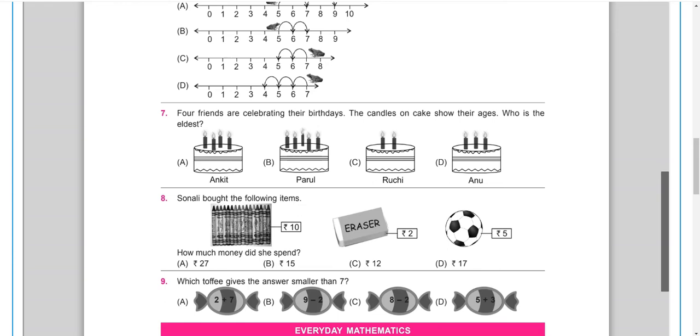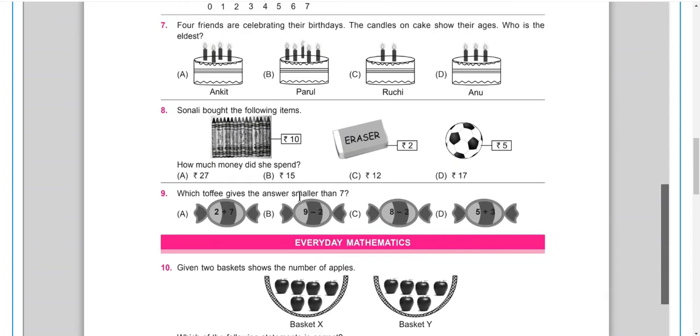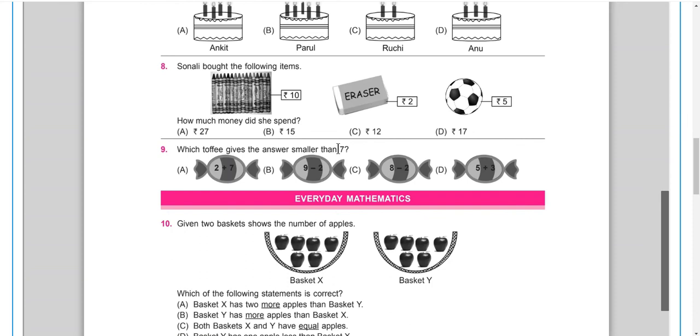Okay, the rest: A is having 4, C is having 2 and Anu is having 3. So the eldest is Parul. That is the correct answer. Congratulations. We'll move over to the next question.